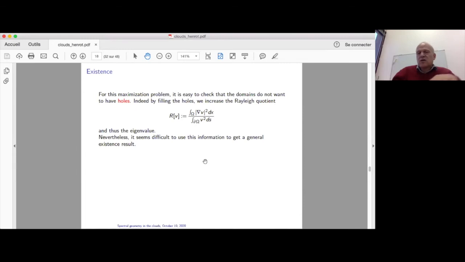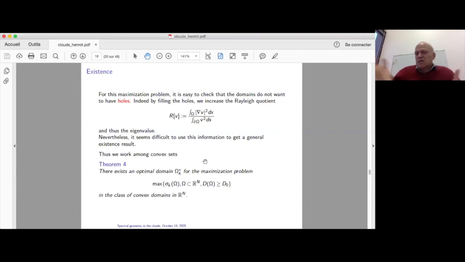So in higher dimension, I just claim that if there is a maximizer, my domain probably has to be homeomorphic to the ball. It has no holes inside. Since we are not able to deal with general simply connected domains or general domains homeomorphic to the ball, we decided to work in the class of convex domains. So from now on, we are going to consider convex sets in R^n.